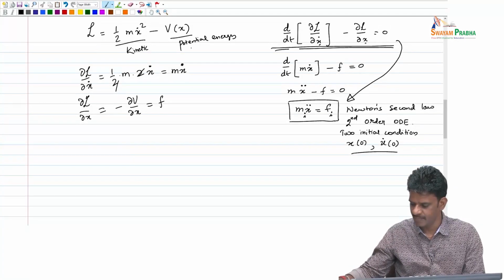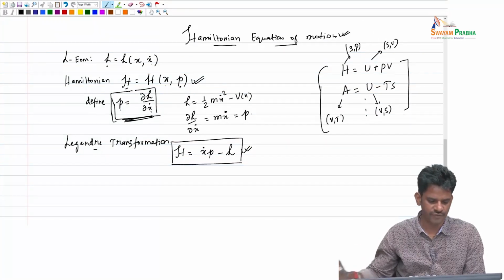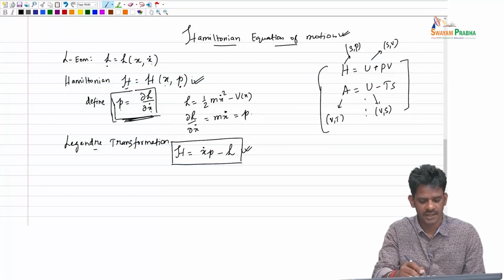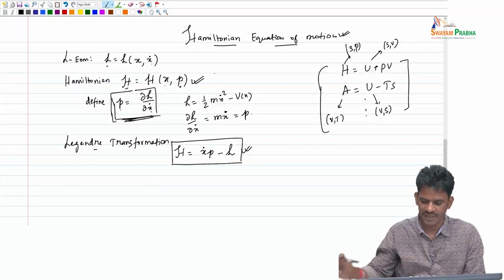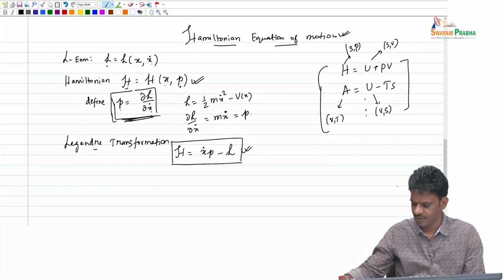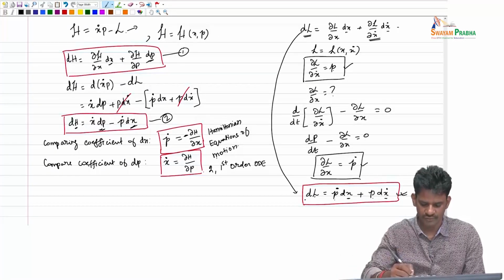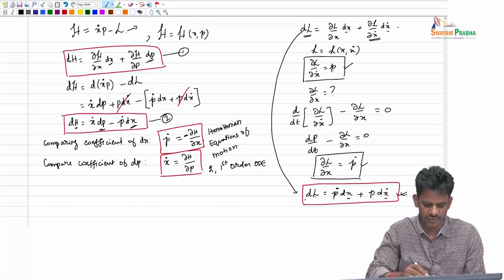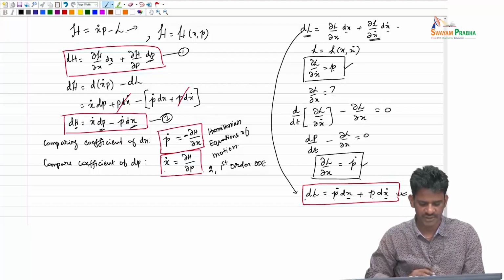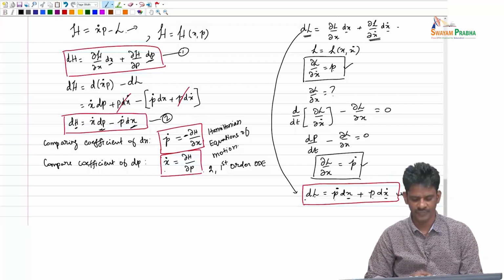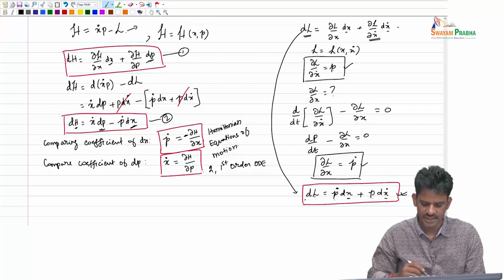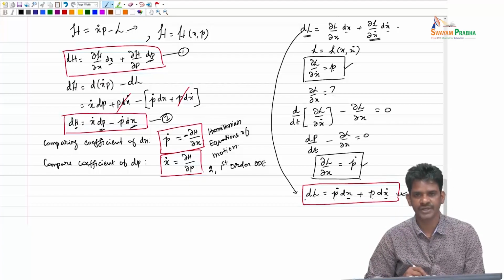Whereas, when you apply a new functional form for the Hamiltonian, and then apply this Hamiltonian principle, we basically get two first order ODEs, one that talks about the rate of change of the momentum, the other one that talks about the rate of change of the position. So, we consider these two as the set of Hamiltonian equations of motion.